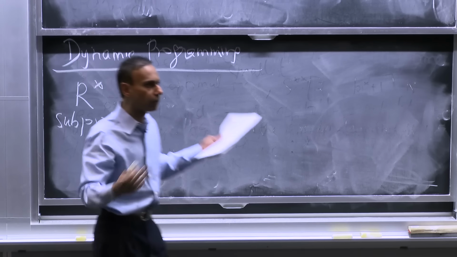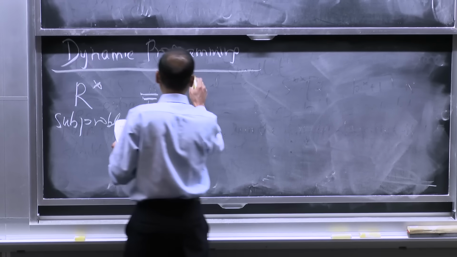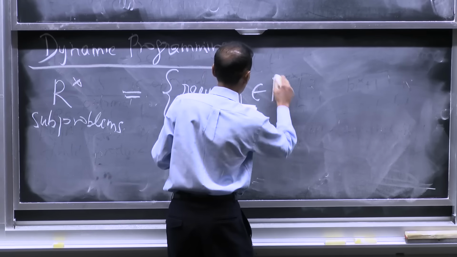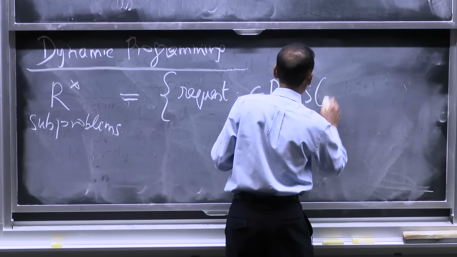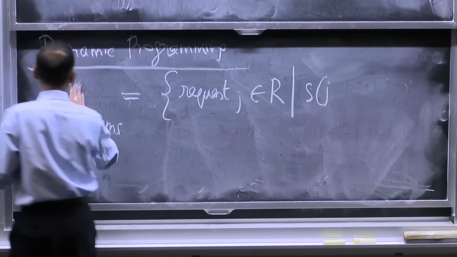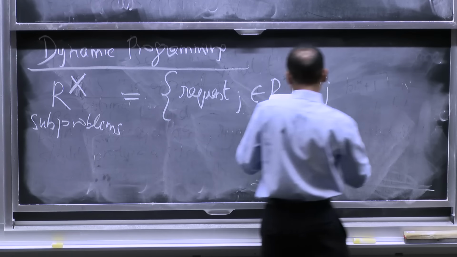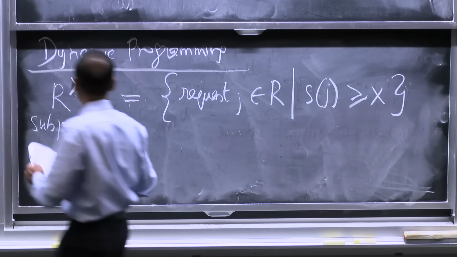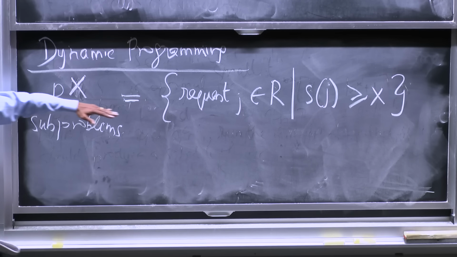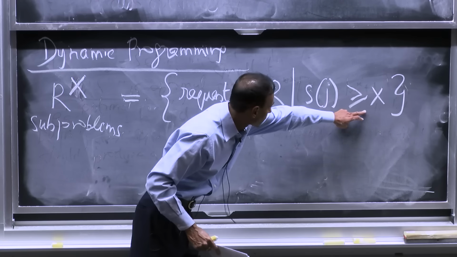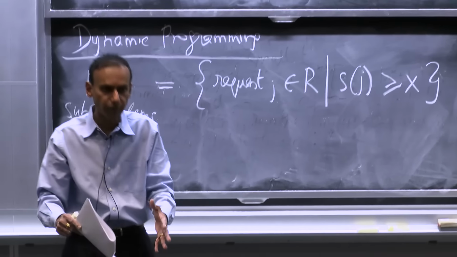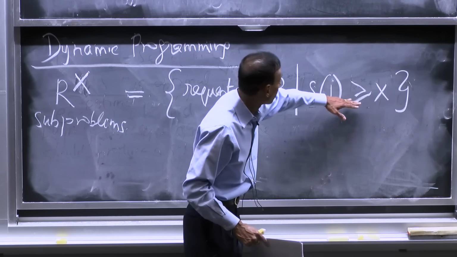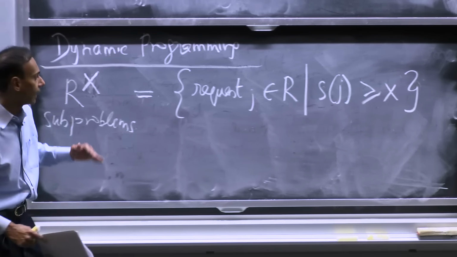R is the total set of requests that we have, and the subproblems are going to correspond to picking requests j belonging to R such that, I'm sorry, this is R of X, such that s_j is greater than or equal to X. So what I'm doing here is, given a particular X, I can always shrink the number of requests that I have based on this rule. And then you might ask, what is X?